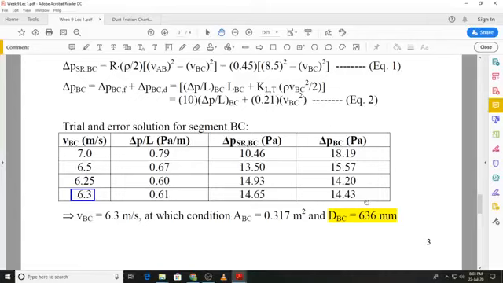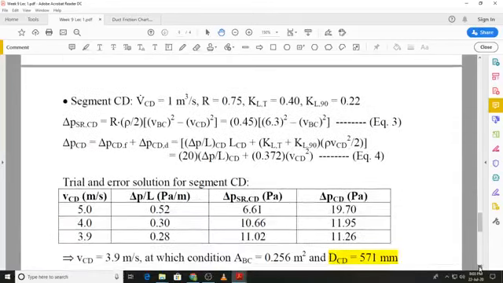In segment CD we now have an initial velocity of 6.3, so our next guess of the velocity will be less than this value of 6.3, and I will move on to that part of the solution.